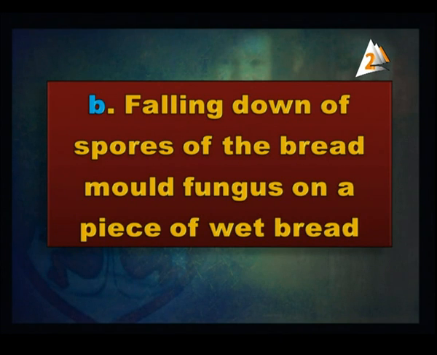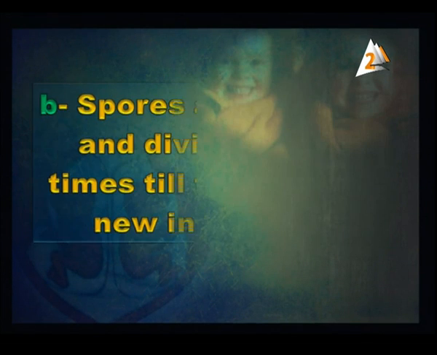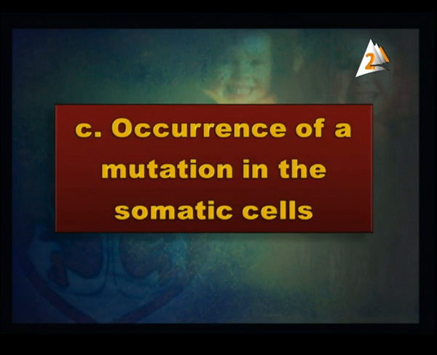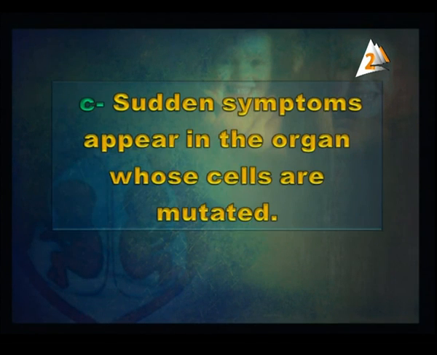Falling down of spores of the bread mold fungus on a piece of wet bread. Yes, spores absorb water and divide several times till they grow into new individuals. Occurrence of the mutation in somatic cells.